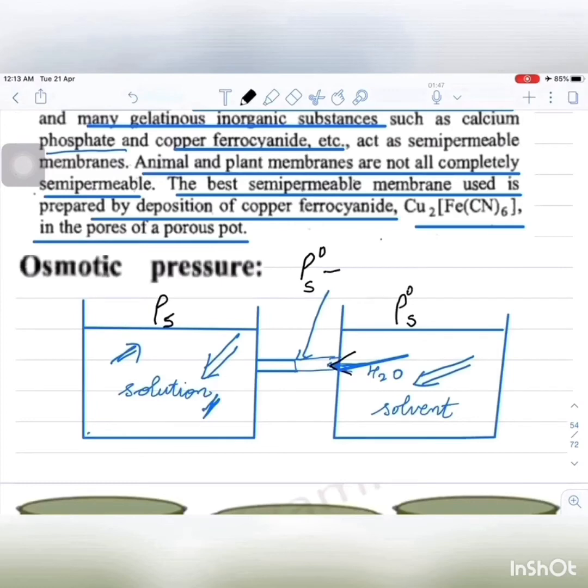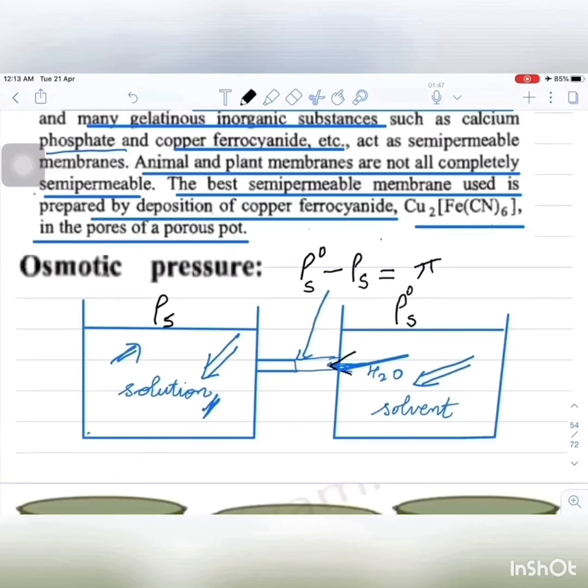What is the magnitude of the additional pressure possessed by pure solvent molecules? That is P naught S minus Ps. Let this additional vapor pressure be pi. So solvent side has pressure more, the magnitude is pi.